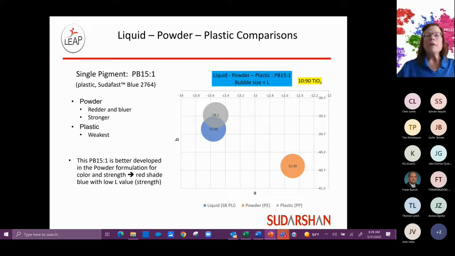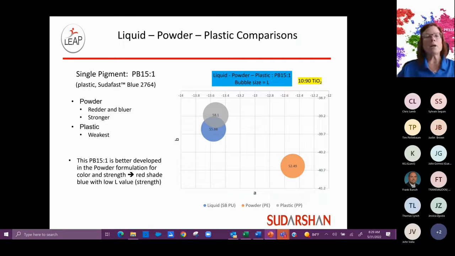So the other thing to consider when we take a look at pigments and applications is how one pigment might look in different applications. So we've taken a look at a number of different grades in certain applications, and now we're shifting gears and taking a look at a single pigment in different applications and how it develops.